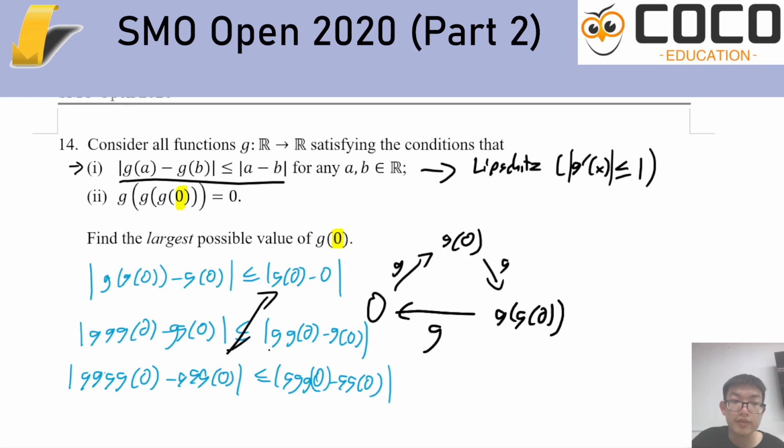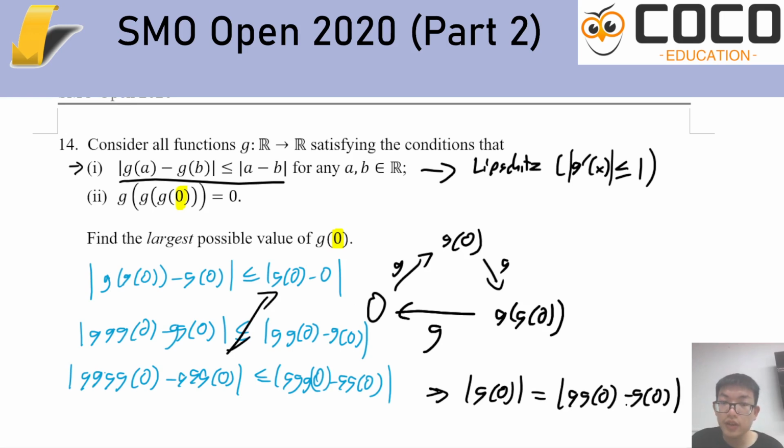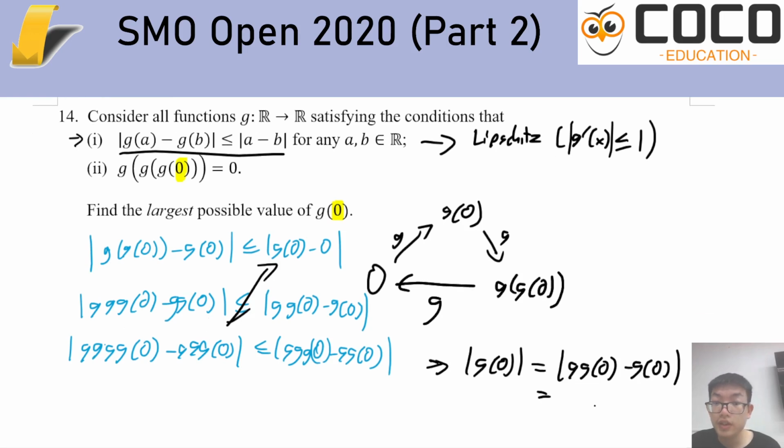These two are the same thing. So g0 minus 0 is g0 minus g0, which is equal to g0 minus g0. So that's 0 minus g0 is g of 0.